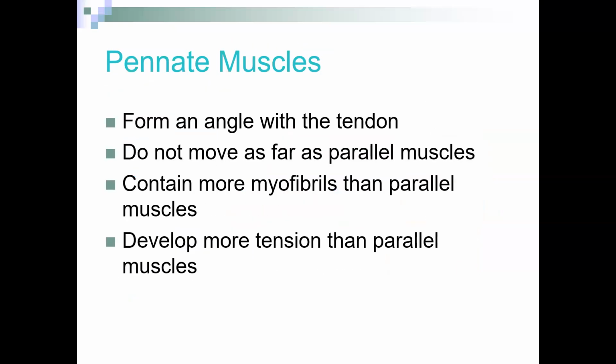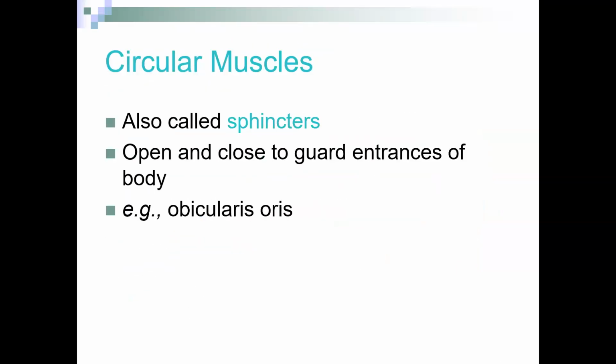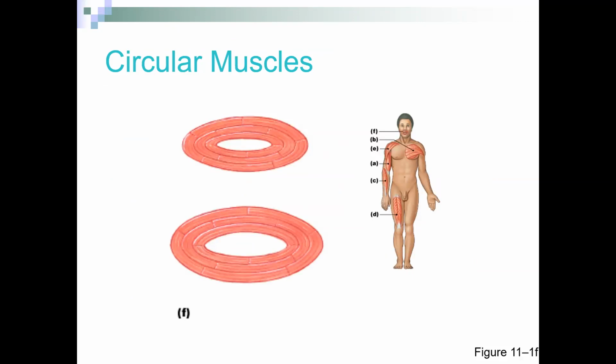Now, the last one we're going to worry about is called the circular muscle arrangement. Now, I want you to be very careful about this. This is referring to the arrangement in the skeletal system, right? So circular muscle arrangement in the skeletal system.